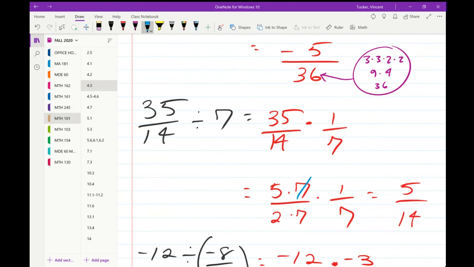Now this 7 up top can cancel out with either one of these 7s down bottom. It doesn't matter which one you cancel it out with. Just remember that you can only cancel out once. So that's 5 times 1 up top, 2 times 7 down bottom, 5/14.